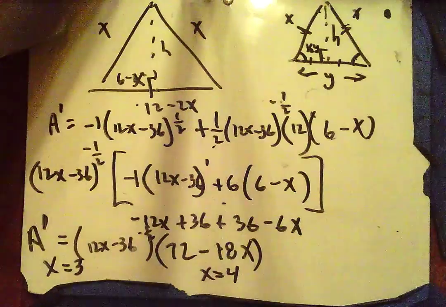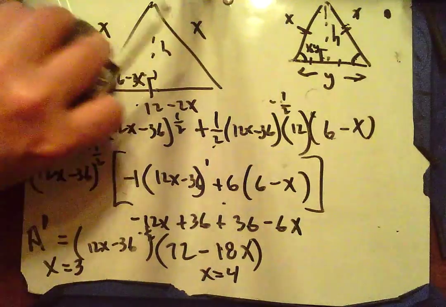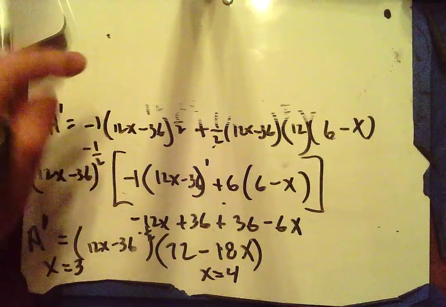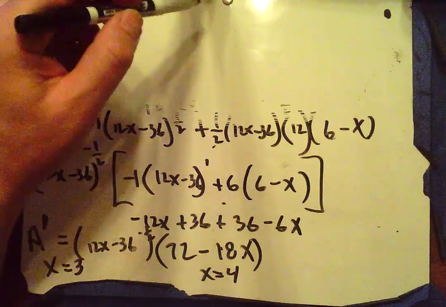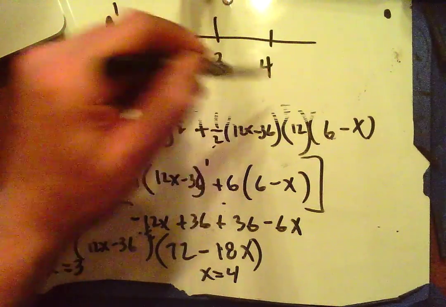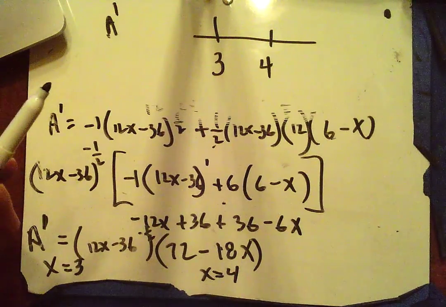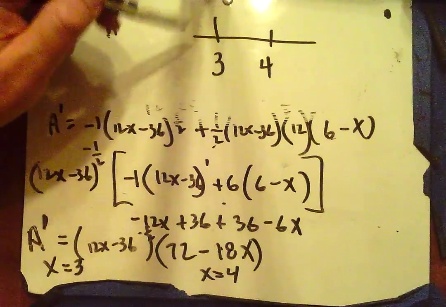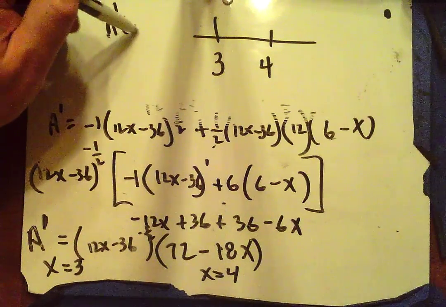So we're looking for the maximum area, and I'm going to take my tidied up A prime and make a little A prime sign chart. We've got 3 and 4. And remember, these are x values.